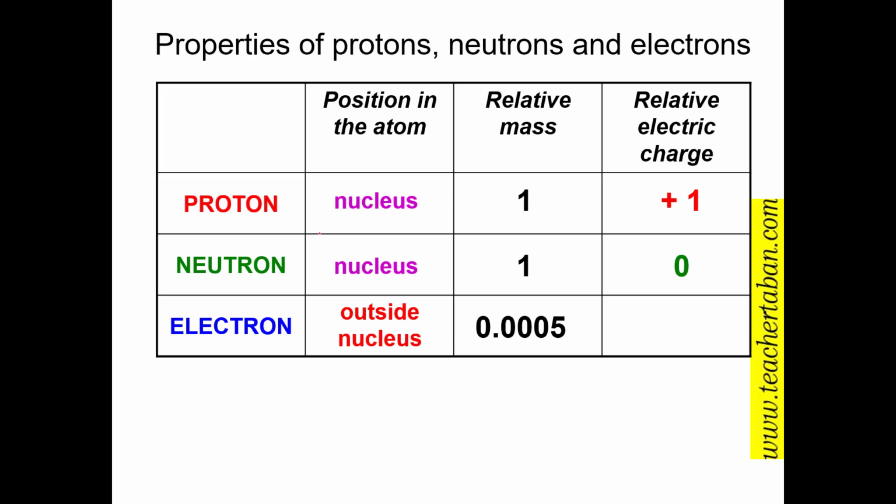This is not part of our level here, but the mass of an electron is taken to be 1/1820 of the mass of carbon-12. Don't cram this. I'm just telling you what it is. Okay, what is its charge? It is negative. Very good.